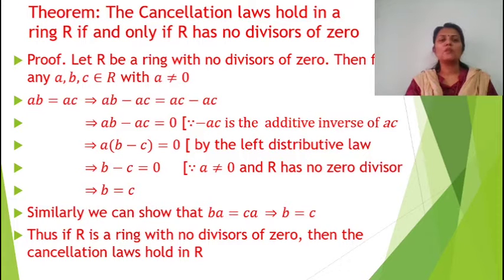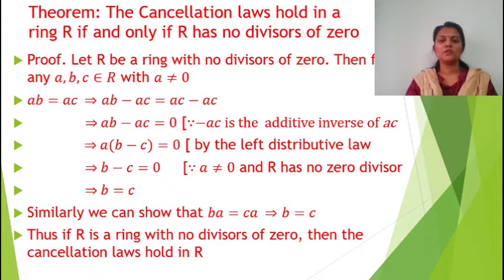For the proof, we first assume that R has no divisors of 0. Let R be a ring with no divisors of 0. Then we have to show the cancellation laws, that is, ab equal to ac implies b equal to c.